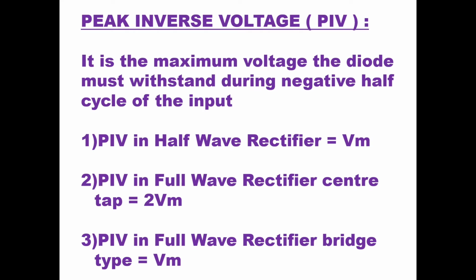In the second case, for full wave rectifier center tap, it is 2 Vm. And in the third case, for full wave bridge type rectifier, it is Vm. So for half wave, it is Vm. For full wave center tap, it is 2 Vm. And for full wave bridge rectifier, it is Vm.